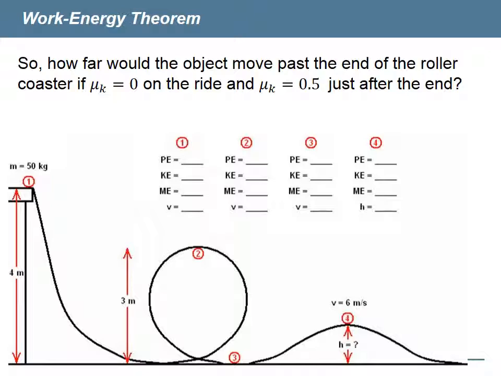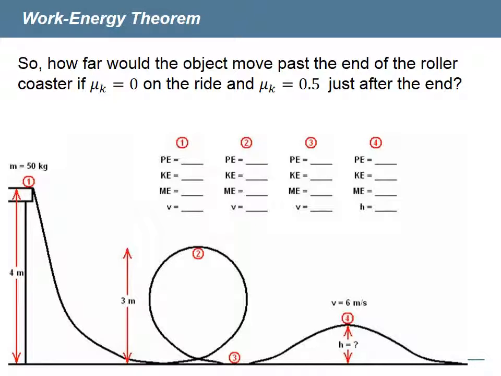So I can actually say, and we'll run through this, I'll either put it online or we'll run through it in class, that mgh is our potential energy here, which transfers to our kinetic energy here, which transfers to our work done by friction here. So the potential energy at this point is equal to the work done by friction out here. So mgh, which we said was 1,960 joules, is how much work is done by friction here.